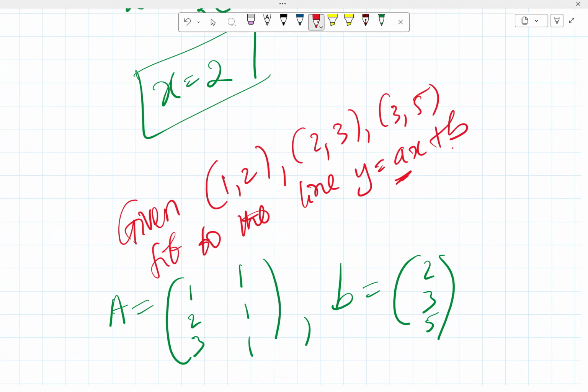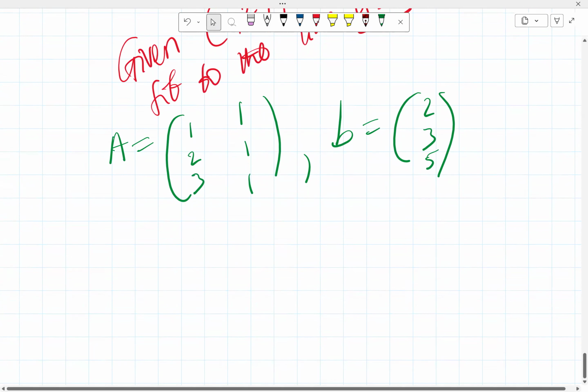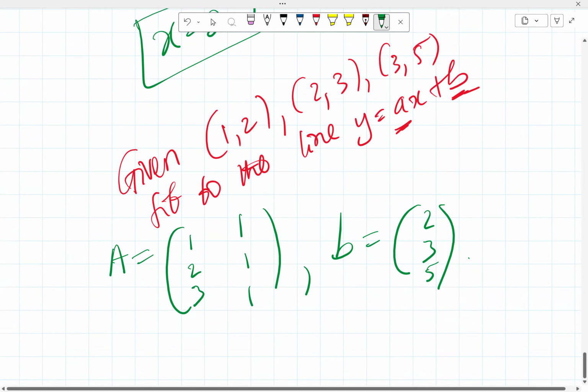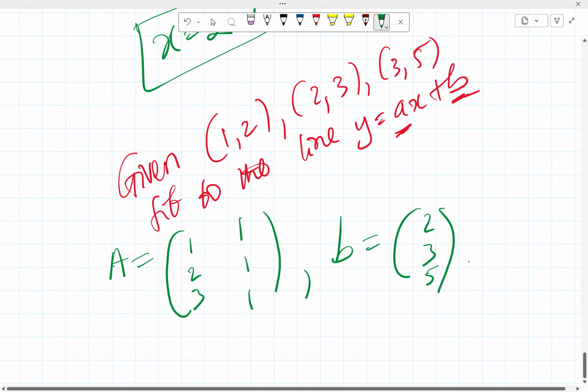That will mean we need a and b, but we don't have enough information to make that happen. So we can then say that we have A, we have b like that, and then of course we have y. A transpose A, A transpose b. Yes, except that now we are looking for this a and b.